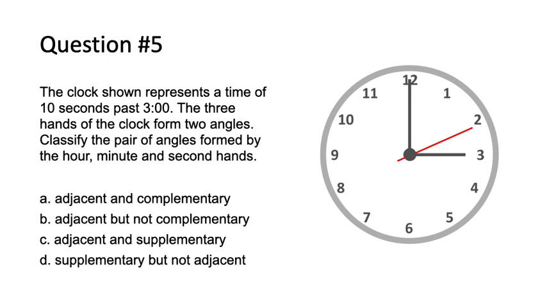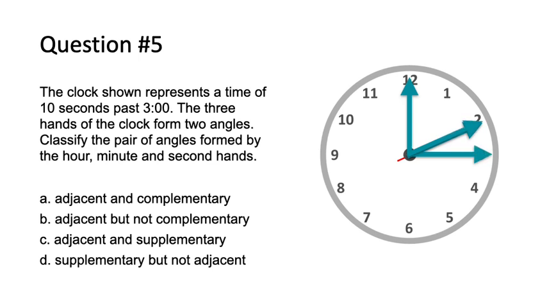The clock shown represents a time of 10 seconds past 3 o'clock. The 3 hands of the clock form 2 angles. Classify the pair of angles formed by the hour hand, minute hand, and second hand. So here's my first angle that I looked at. And then here's my second angle that I looked at.